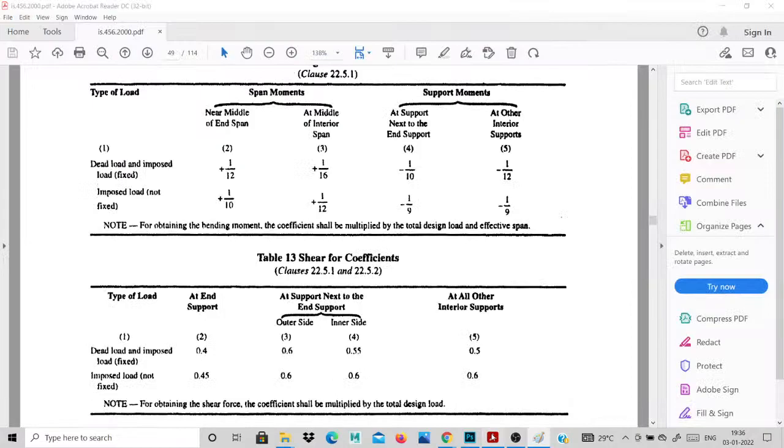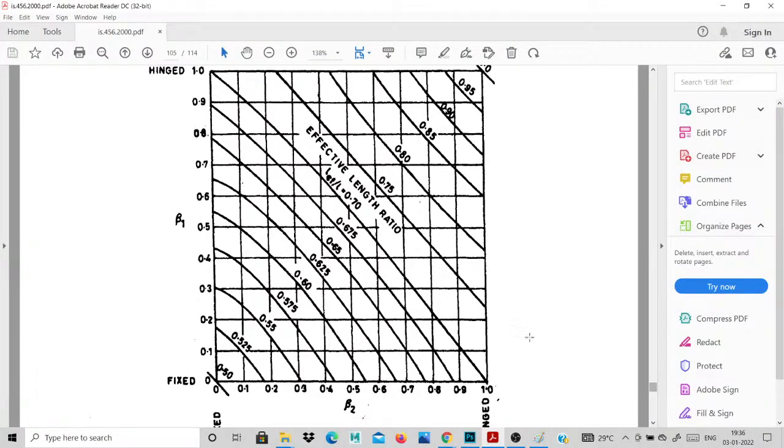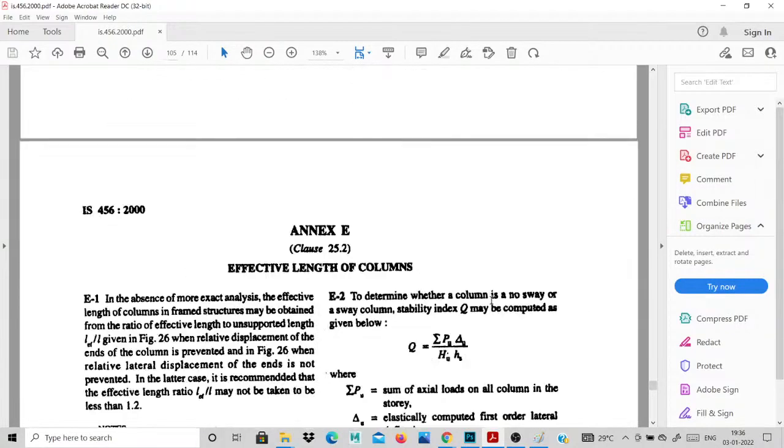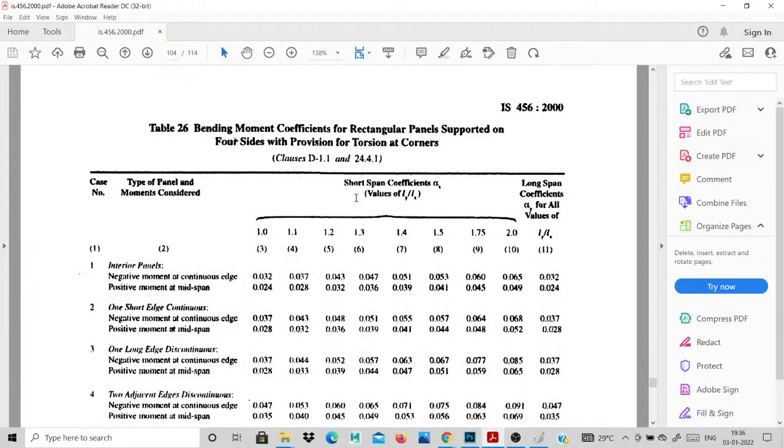Then I go to IS 456, page number 91. These are the moments for the shorter span, shorter support, longer span and longer support also.